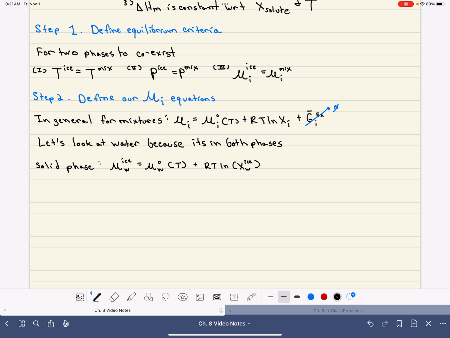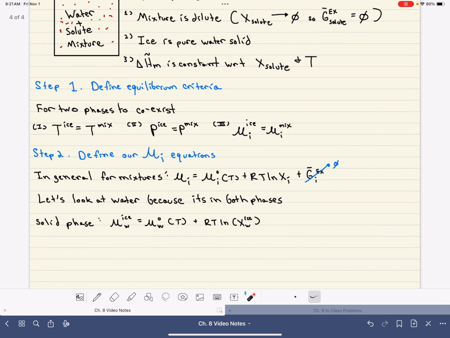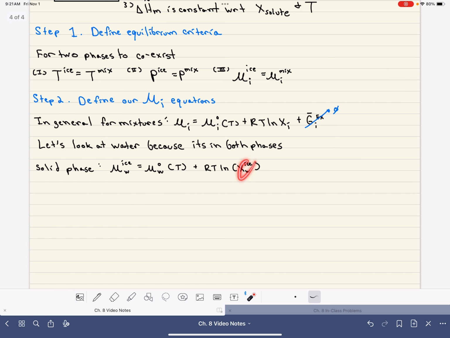Okay? All right, and so here, because we're assuming that the ice is pure water, that means this mole fraction is 1, right? So this is 1. And the natural log of 1 is 0. So this entire term goes away. So that's the first simplification that we can make.